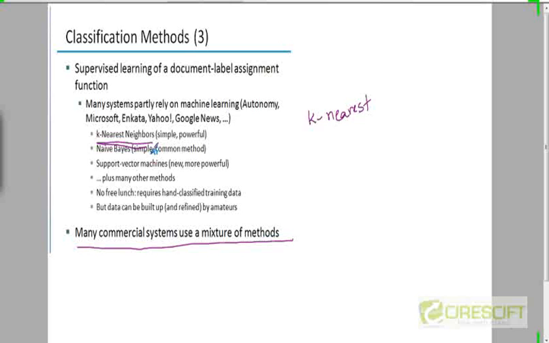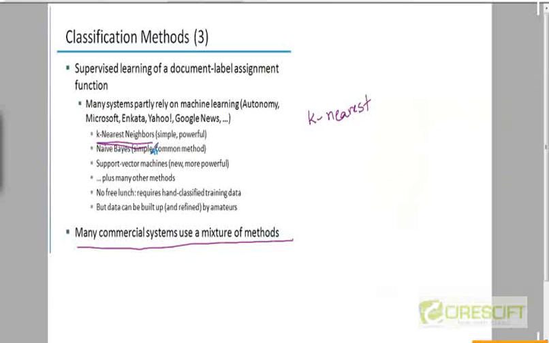Now k nearest neighbors is a simple extension of that, where instead of looking at one single nearest neighbor, you look at the k nearest neighbors to you, and you do some kind of majority voting. Let's say k is 5. You look at your 5 nearest neighbors, and let's say 3 of them belong to one class and 2 of them belong to another class.